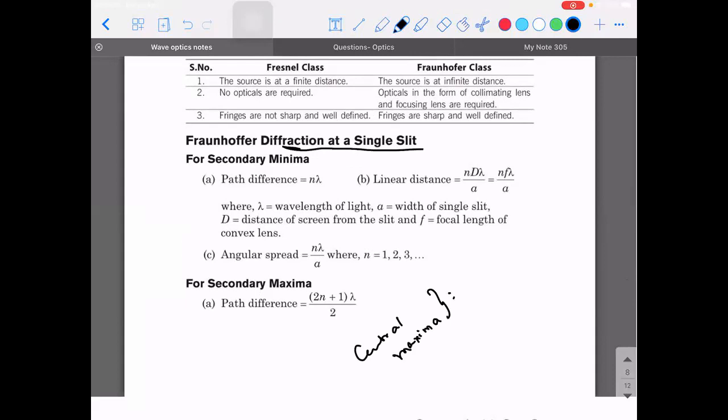What is the condition for central maximum? Path difference 0. That's right.